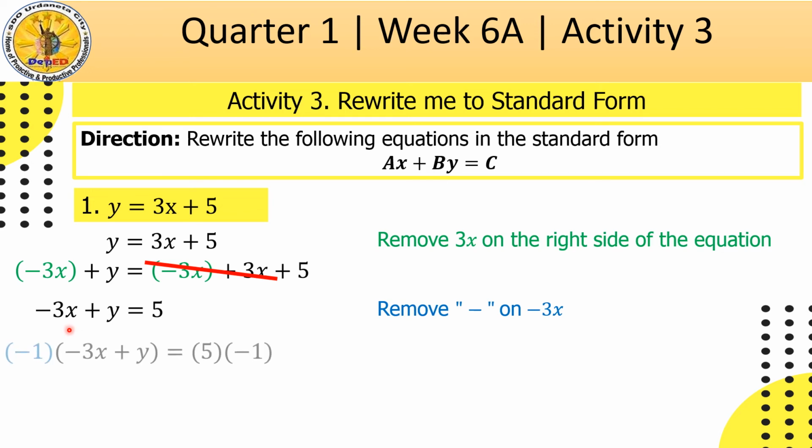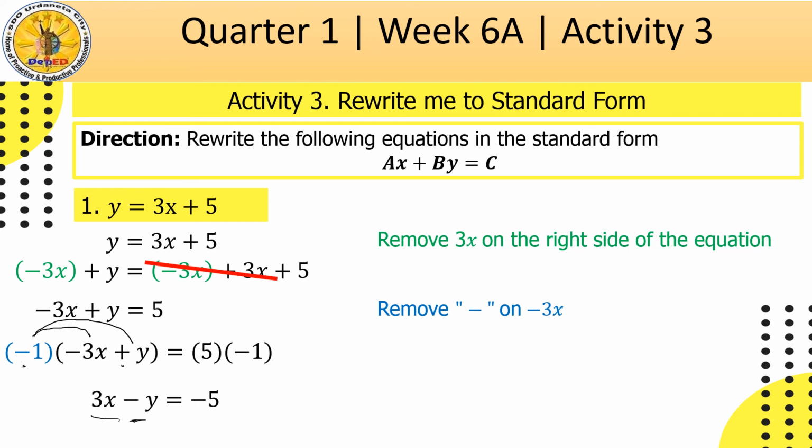How are we going to do that? As simple as we're going to multiply by negative 1. So, we're going to multiply negative 1 times negative 3x, and that is positive 3x. Negative 1 times positive y, negative times positive, so that is negative.